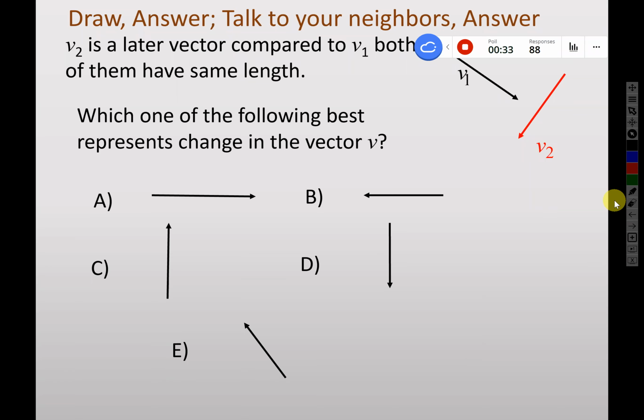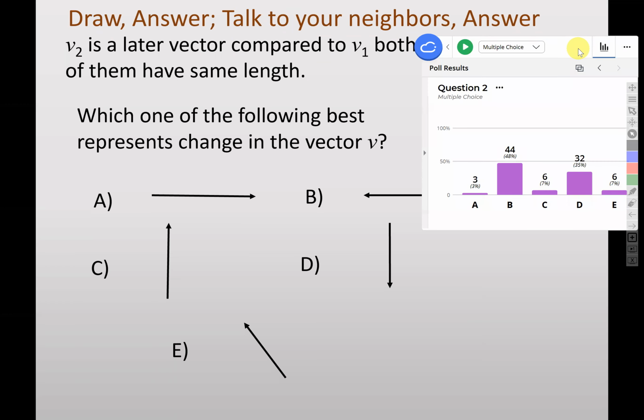Oh, 5 more seconds. 5, 4, 3, 2, 1, and it stops. Let's see what happened here.